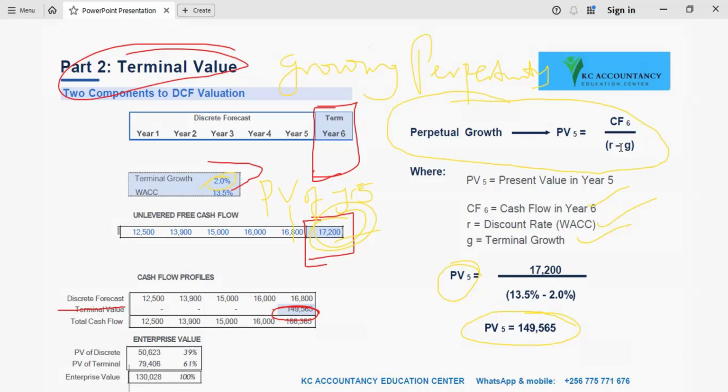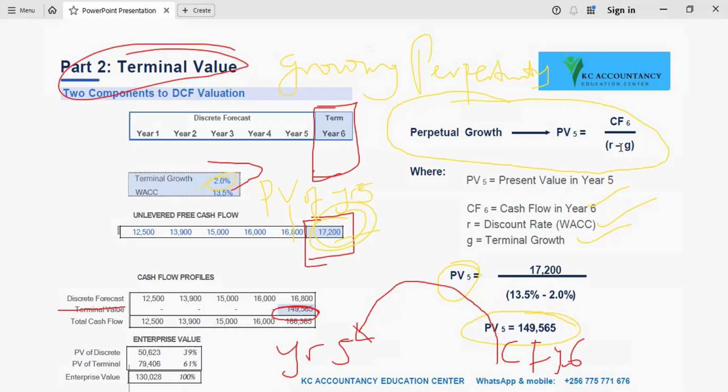When we discount the cash flow of year 6, it is brought to year 5. That's why we've put that present value in year 5 in the table.